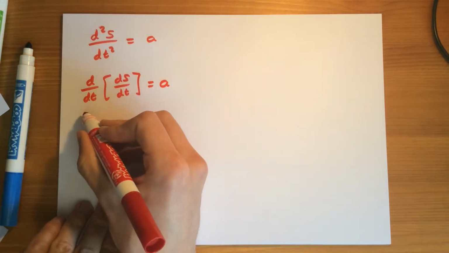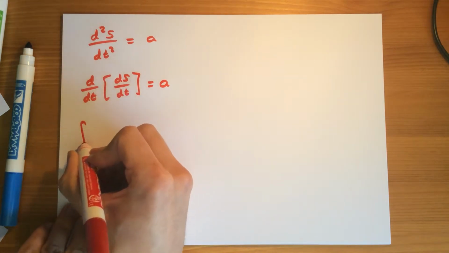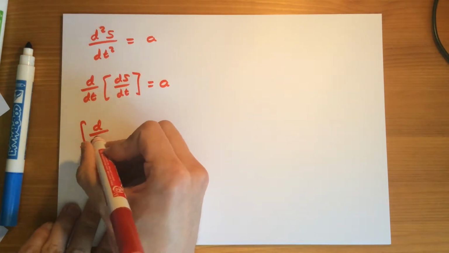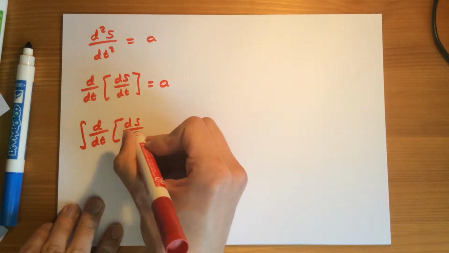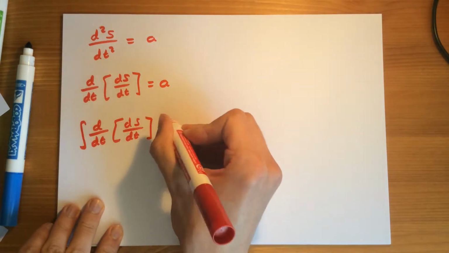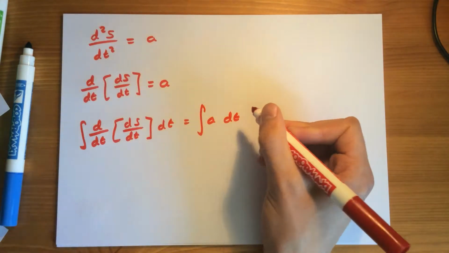And now we can integrate both sides with respect to t, given that a is a constant. So we can say that the integral of the derivative with respect to time of ds by dt, with respect to t, is equal to the integral of a with respect to t.